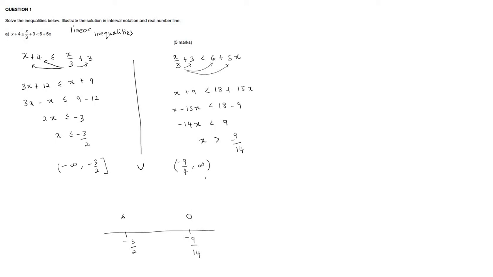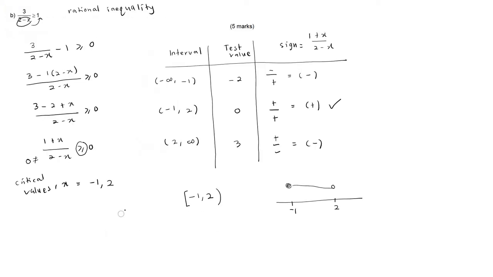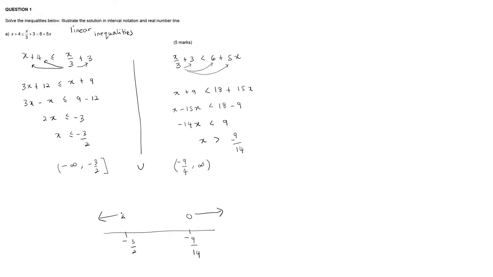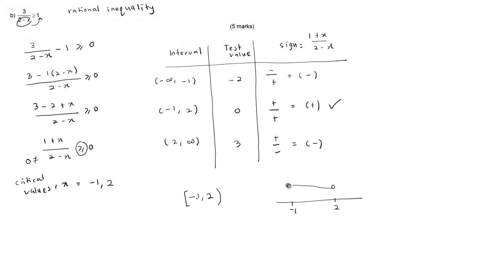Positive infinity is to the right, negative infinity to the left. But for this one, negative 1 and 2, we connect the two dots.